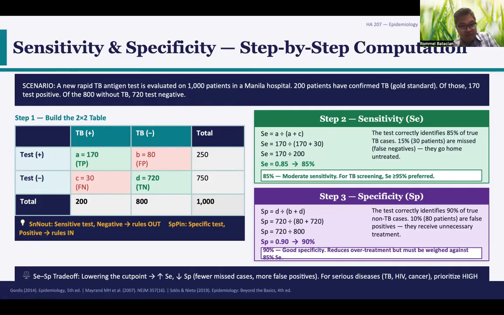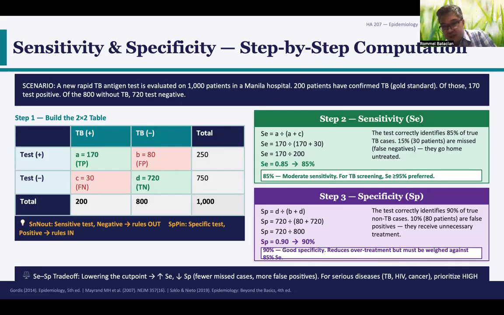And finally, those who had negative results using the gold standard and also a negative result in the screening tool of interest. So you built your 2 by 2 table.